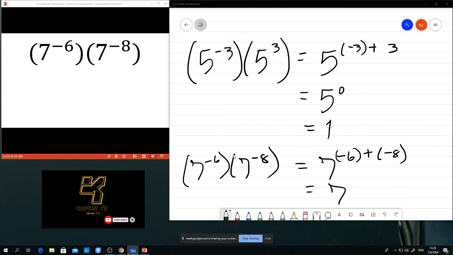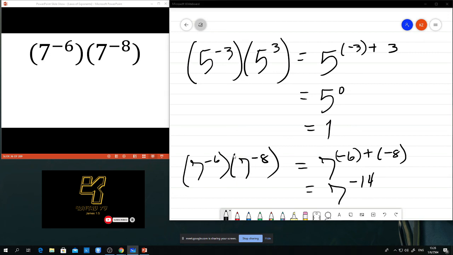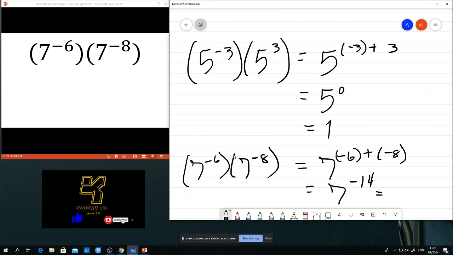No, it's not 2. 7 to the power of 14. Positive or negative? Negative. Okay, negative 14. So how can we make it a positive exponent? 1 over 7 to the power of 14. Very good. Thank you.